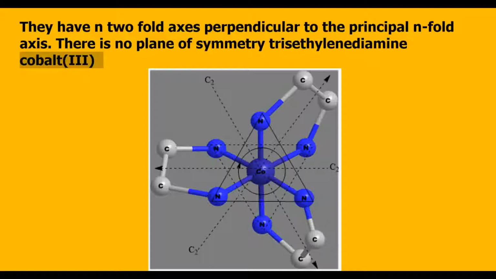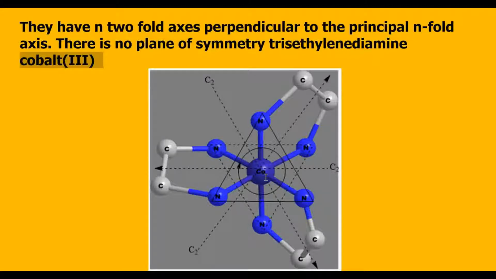So when I complete a full rotation of 360 degree, the same appearance will come 3 times, and that is the highest order axis in this molecule. So your principal axis here is going to be C3 axis.